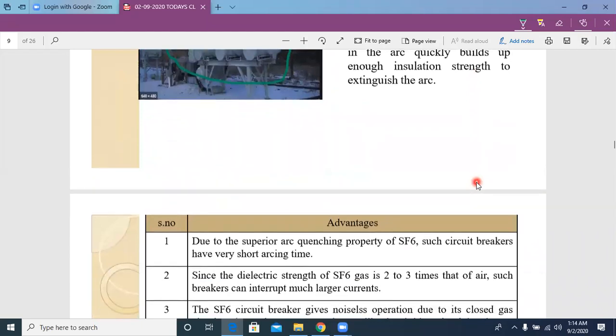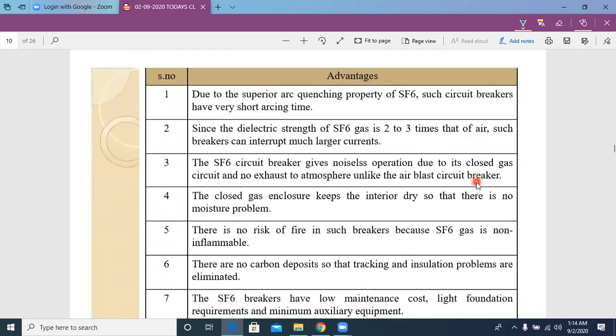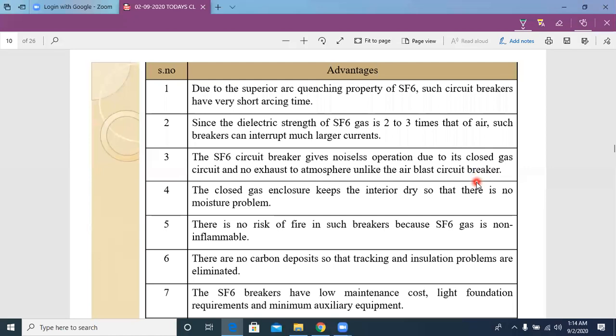Here let's see the advantages of SF6 gas. First advantage, due to the superior arc quenching property, such circuit breakers have a very short arcing time.